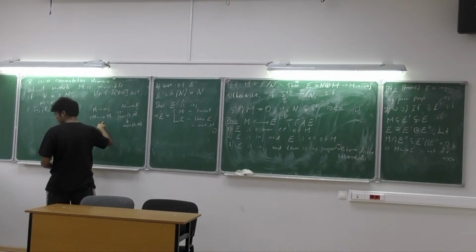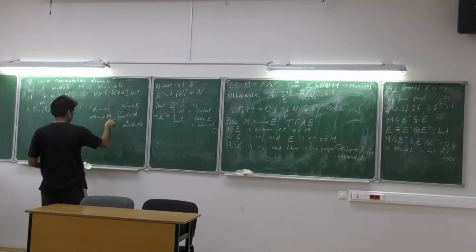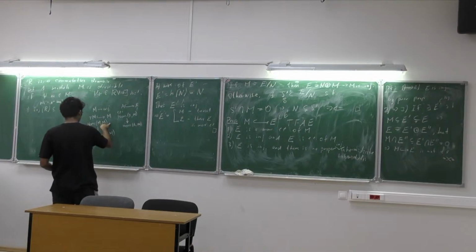By this property we have that Hom(M, M) is an epimorphism to Hom(RM, M). But the elements of Hom(M, M), it is basically isomorphic to M.